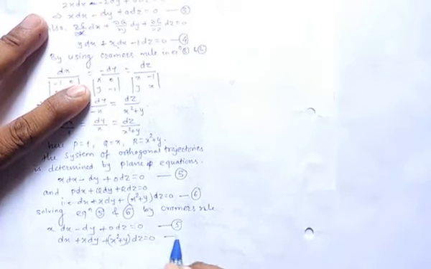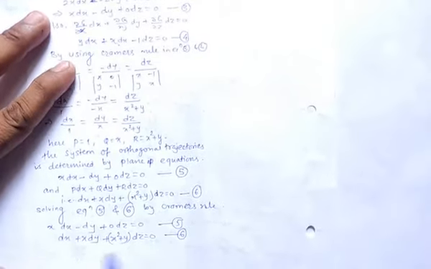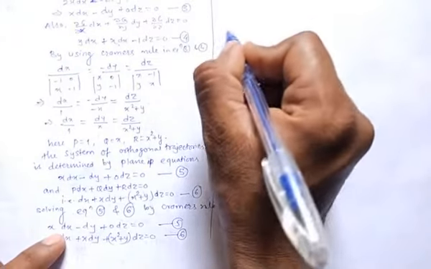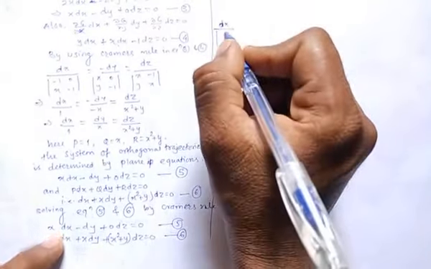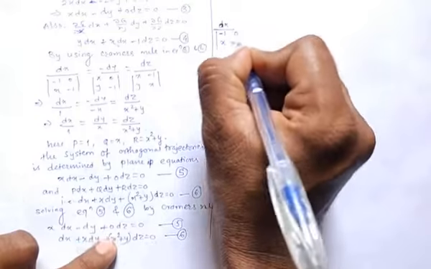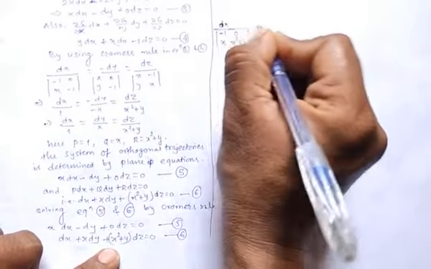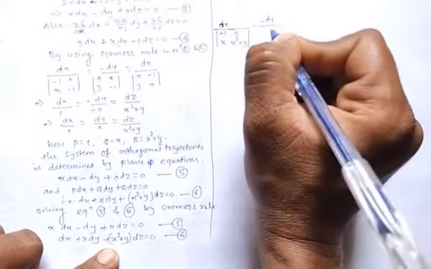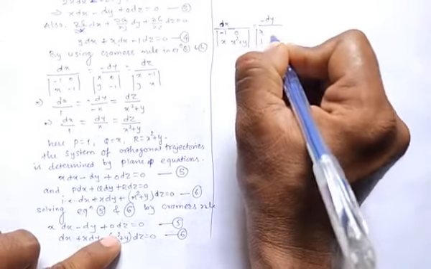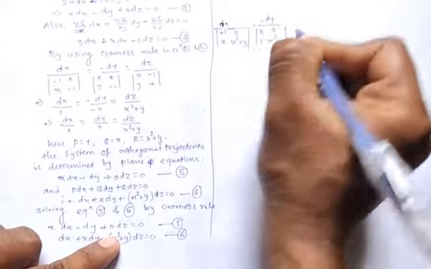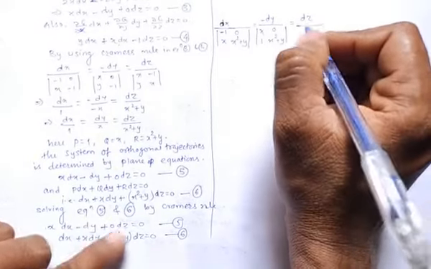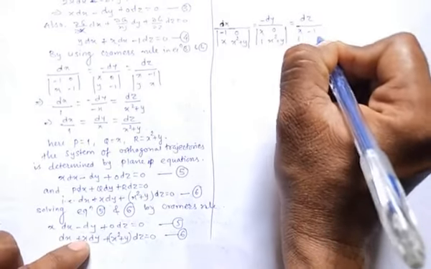Solving by using Cramer's rule, we get dx upon the determinant, leaving the first column: minus 1, x, and 0, x square plus y, equal to minus dy upon, leaving the second column: x, 1 and 0, x square plus y, and last dz upon, leaving the last column: x, 1, minus 1, x.